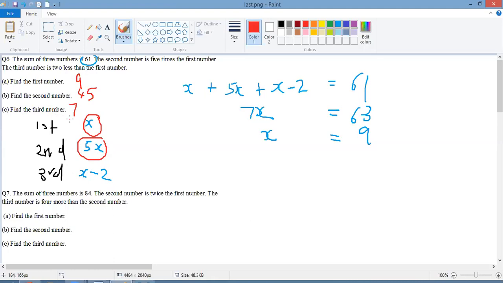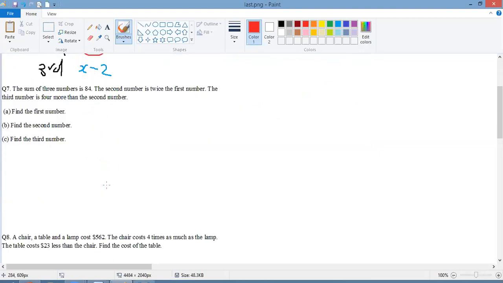Okay, then we go to question number 7. Question number 7 is quite similar to question number 6. Then you have three numbers: first number, second number, and the third number. Okay, the sum of the three numbers is 84.